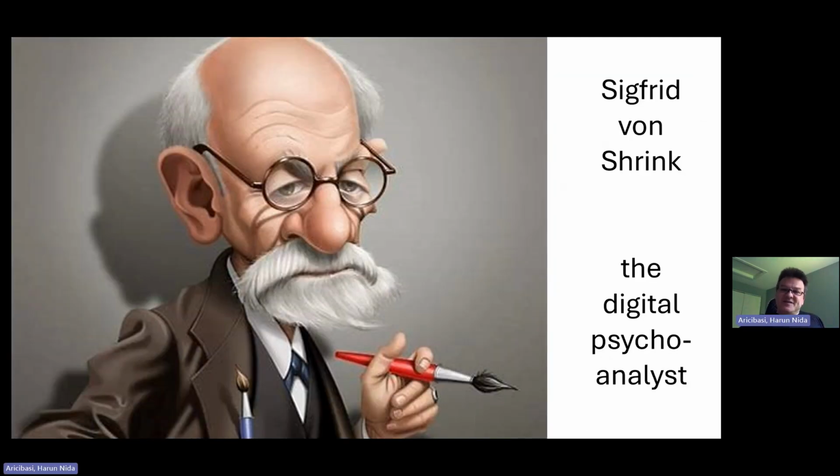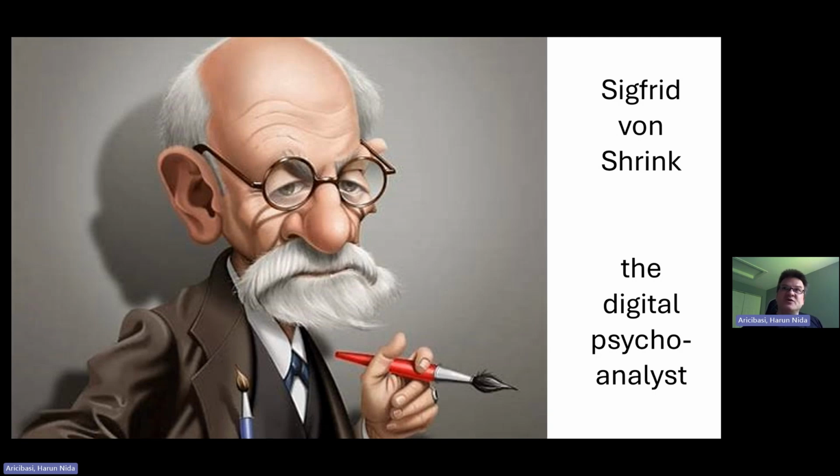This is Sigfrid von Shrink, the digital psychoanalyst. In the book Gateway, it started as a procedural program, functionally an NLP, natural language processing application. But in time, throughout the book, it became more sophisticated with reinforcement learning and by changing its own code and parameters.